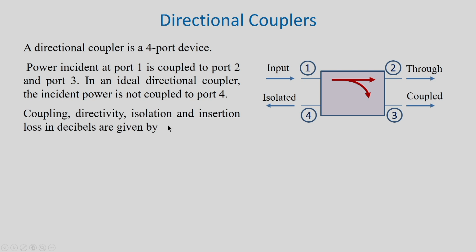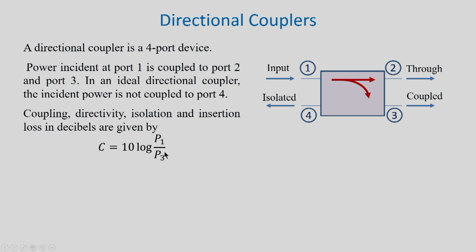Now, the parameters which are defined for a directional coupler are coupling, directivity, isolation and insertion loss, and usually they are expressed in dBs or decibels, and we can write coupling C is equal to 10 log base 10 P1 by P3.